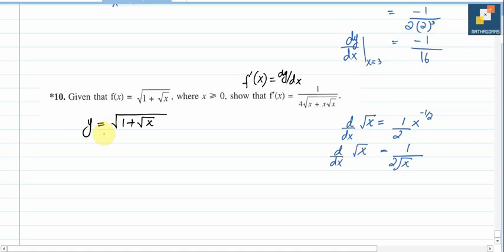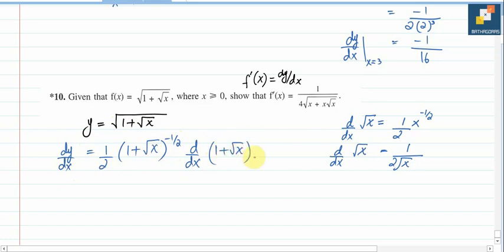So at first, y is under root 1 plus root x. We know the first step very well. In order to differentiate the function, first we need to write down the power, then subtract 1 from the power, and then we need to differentiate the function which has the power. So the function which has the power is 1 plus root x. Alright, now here you have a negative power. If you shift the power to the denominator, that will be 1 divided by 2 under root 1 plus under root x.